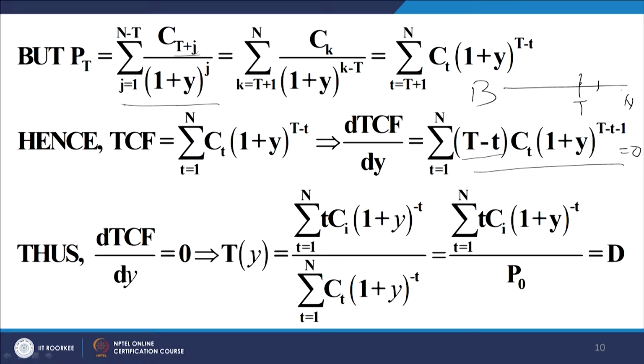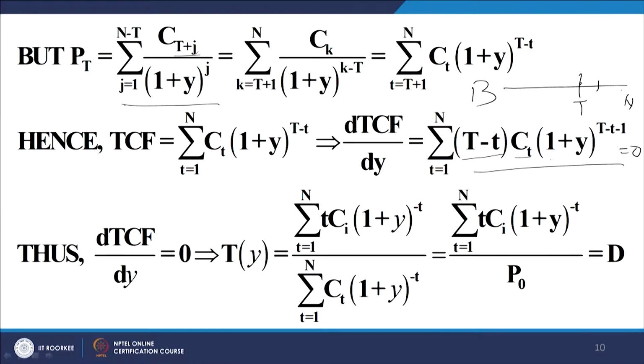leaving this as it is, let us look at this. 1 plus y to the power capital T minus small t minus 1. Now, 1 plus y to the power capital T minus 1 can be taken common outside the summation.